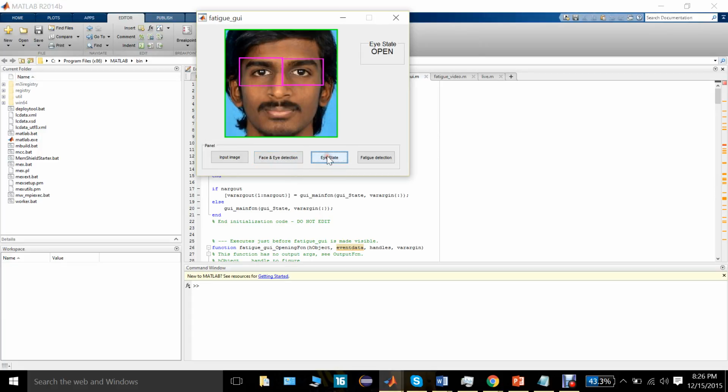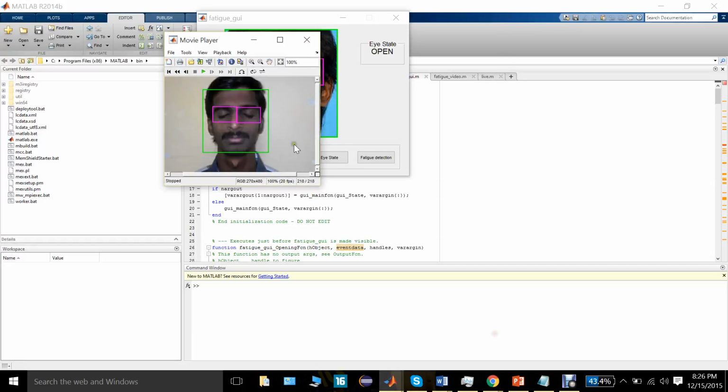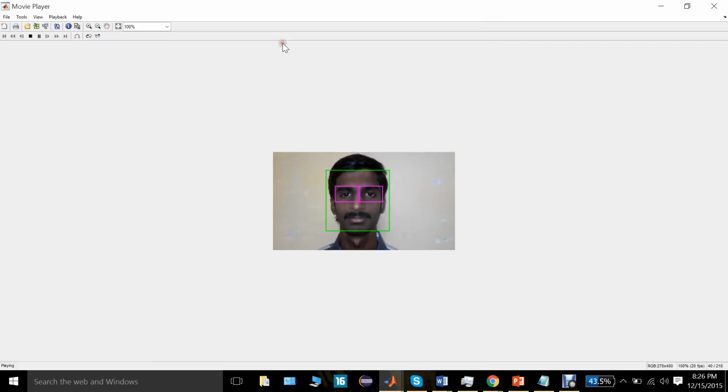And the eye state function determines the state of the eye, and then the fatigue detection after providing the input. It processes the input and checks the eye state of the user, and if the eye state is found closed for more than 2 seconds, it gives a warning signal.